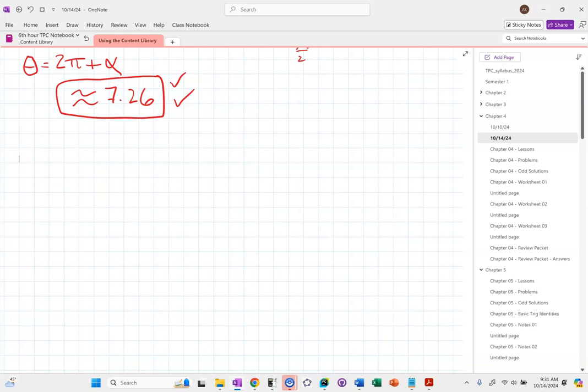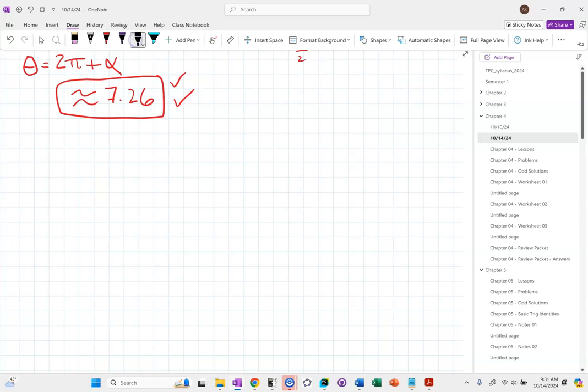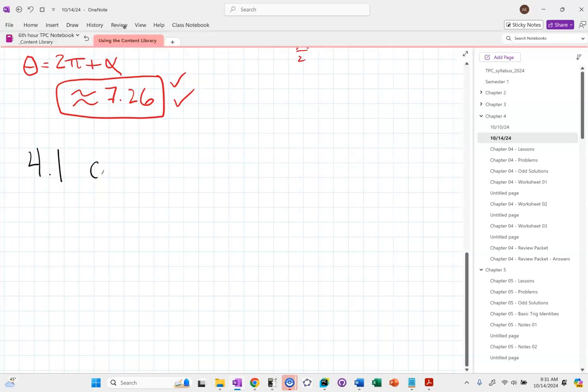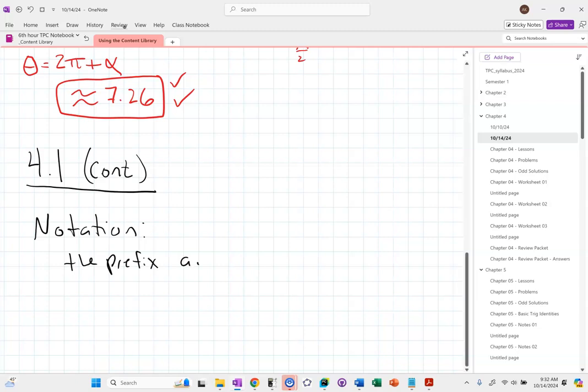So I want to do a couple of last little hanging pieces here in 4.1. If you see the prefix arc attached to sine, cosine, tangent, cosecant, secant, cotangent, it means the same thing as inverse.